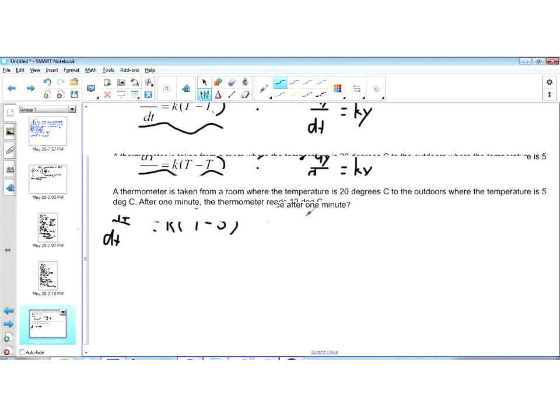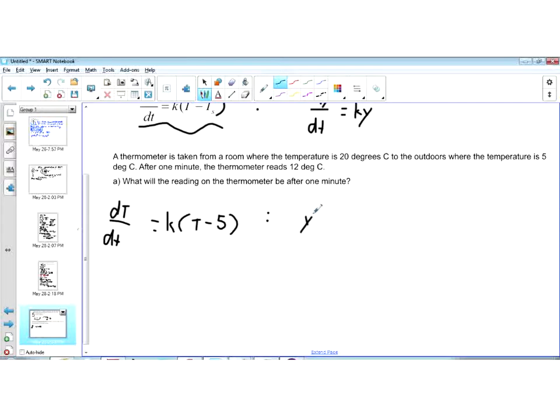So the solution proceeds as follows. We define this function y of t to be equal to the temperature at time t that the thermometer is registering minus 5. Okay, in other words, this thing right here. Now the change in y with respect to t is equal to the change in T with respect to t.